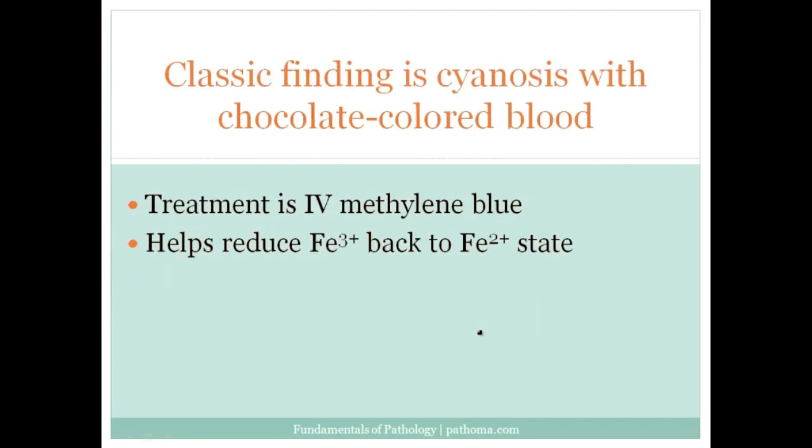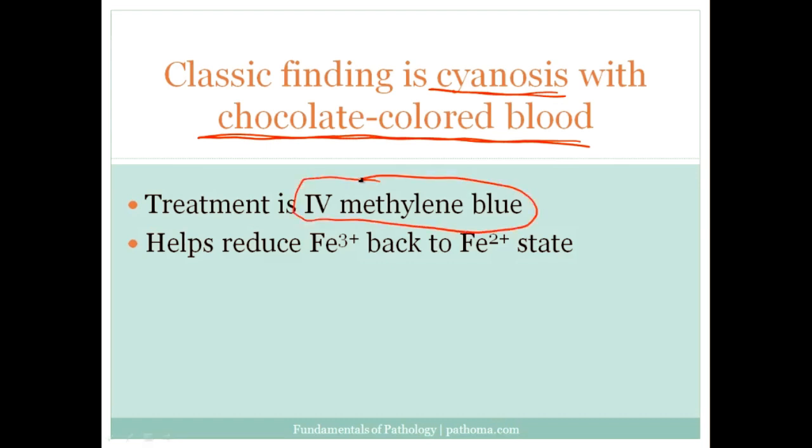The classic clinical finding in methemoglobinemia is chocolate-colored blood. And the patients will be cyanotic. So the buzz phrases are cyanosis with chocolate-colored blood. Now, the treatment is IV methylene blue, and what does IV methylene blue do?